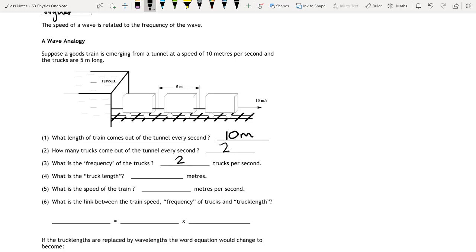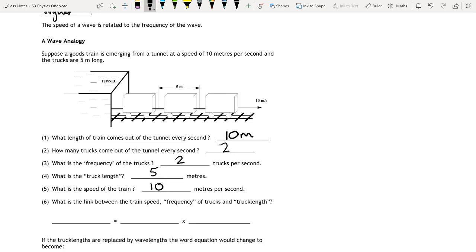Truck length is just the length of 1 truck, 5 meters. You're determined to get 2.5 in there somewhere. And the speed of the train is not 2.5. The speed of the train is given to you in the question. It is 10.